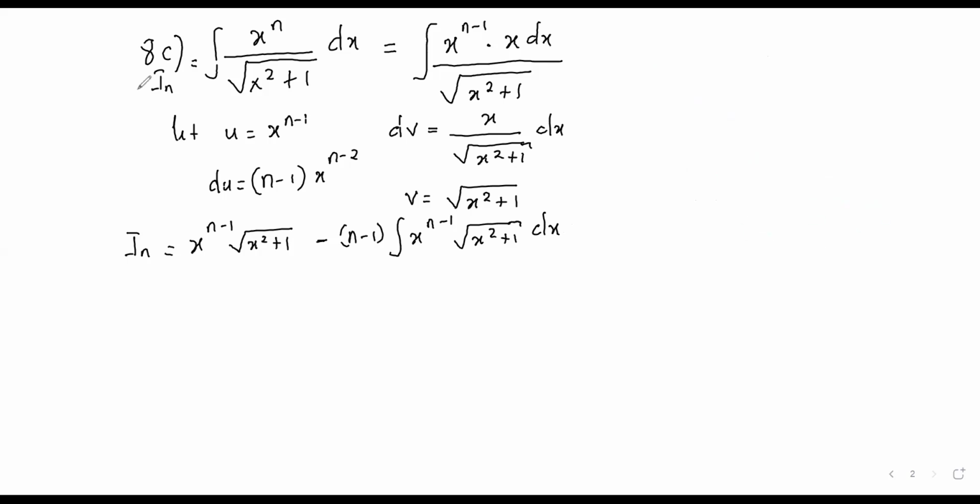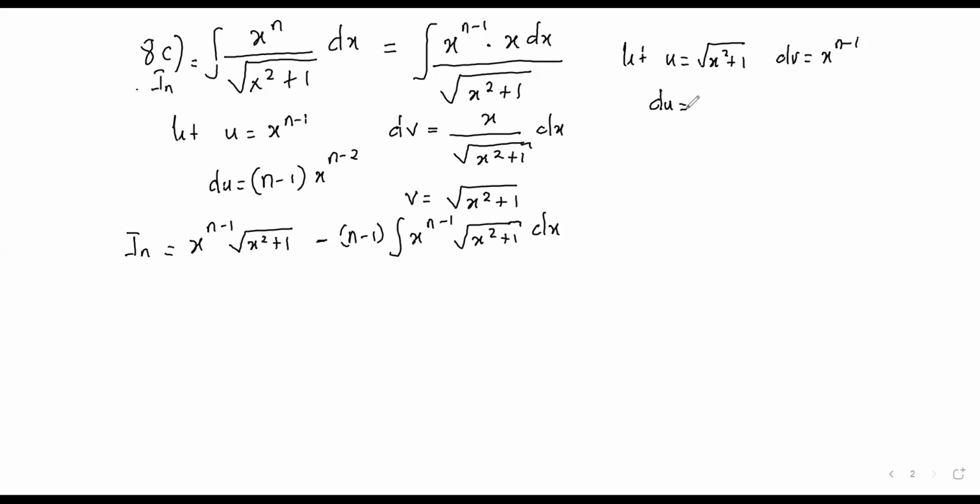Yeah. So to integrate this, we let u be the root of x squared plus 1, and dv be x^(n-1), I think. That should be the only way there. So that we get our du to be what?